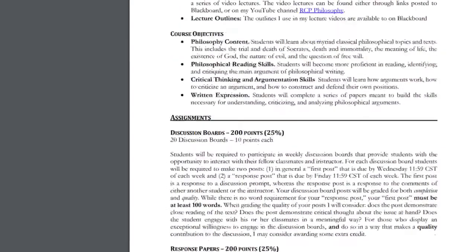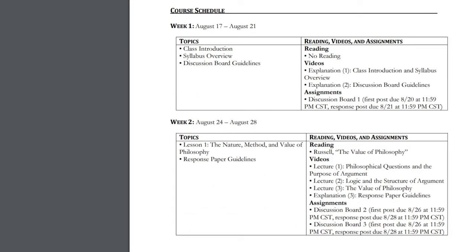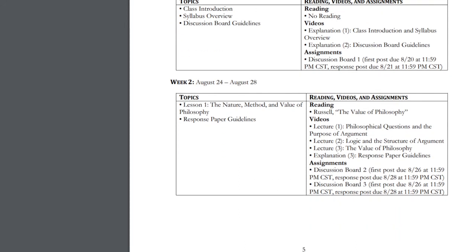If you want to know how many discussion boards you have to do in a given week, it will always be found under the Assignments tab on the course schedule. For instance, this week we have Discussion Board 1. Next week you'll have 2 assignments, Discussion Board 2 and 3.